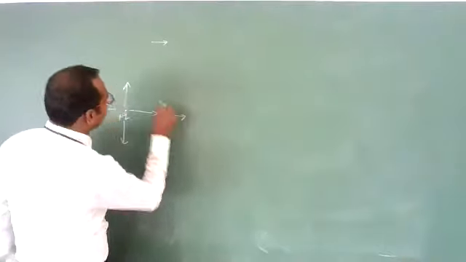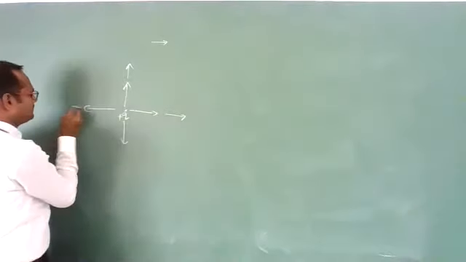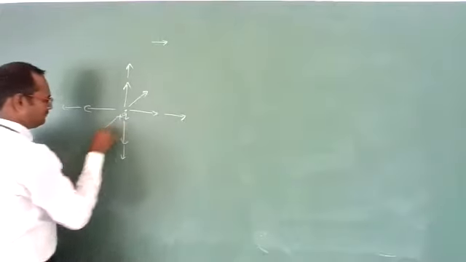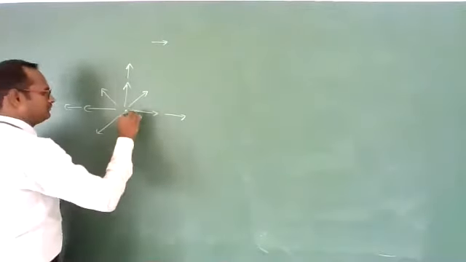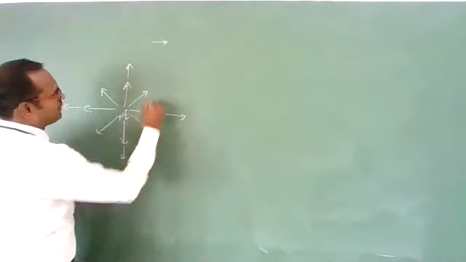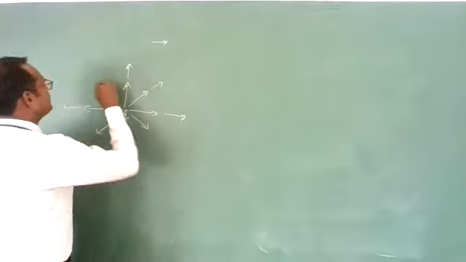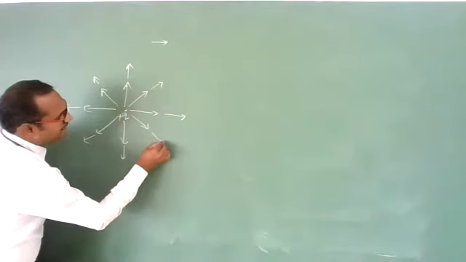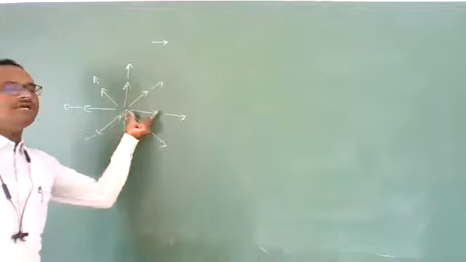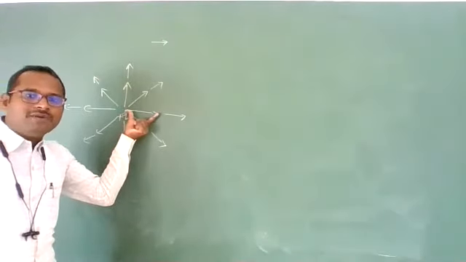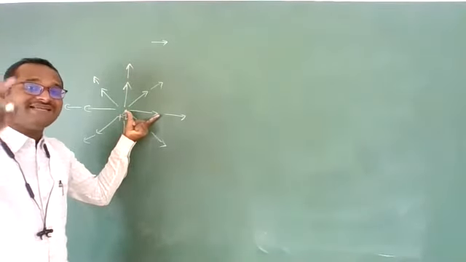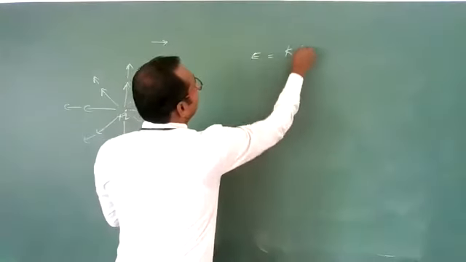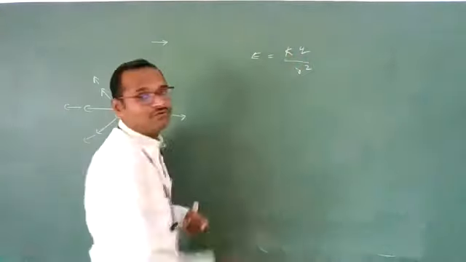And see how I am drawing these arrow marks. The length of the arrow indicates the magnitude of the electric field strength. Initially the arrow length is more, meaning the electric field strength here is more, because electric field is equal to kq by r square, where k is 1 by 4 pi epsilon naught.